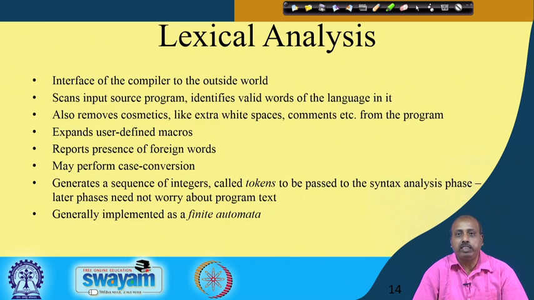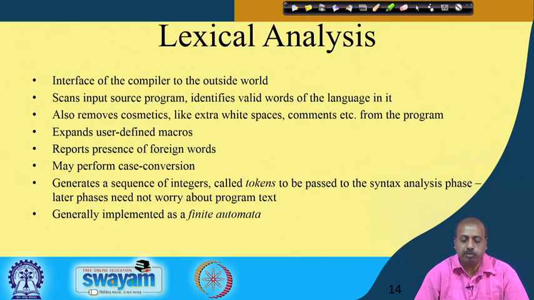The compiler has a predefined integer value, and that value is passed from that point onwards. So from the lexical analysis point onwards, my program is nothing but a sequence of integers. That is called a token.